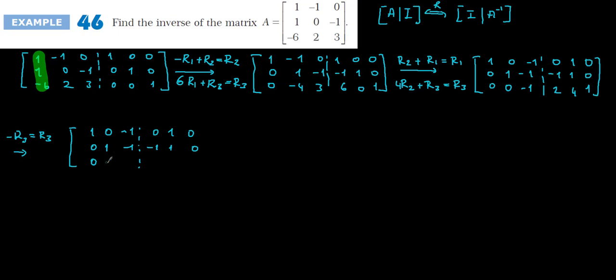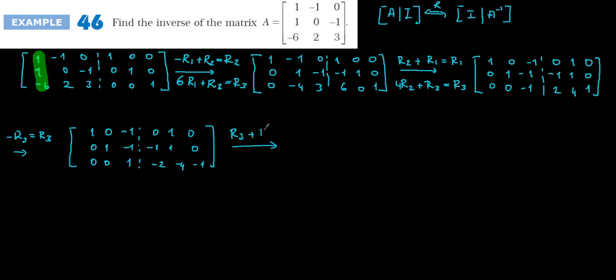Here this is 0, 0, 1. It's going to be minus 2, minus 4, and minus 1. So what I did, I multiplied R3 by minus 1, and this is going to be new R3 now.